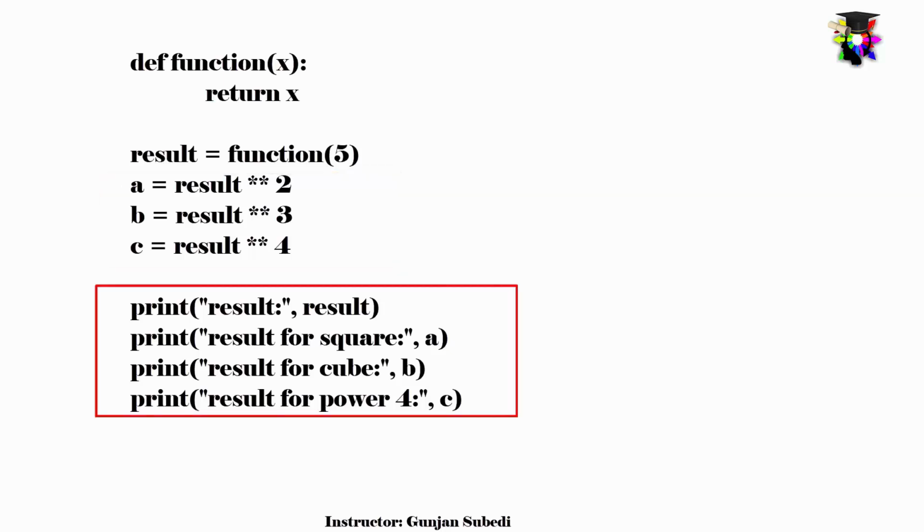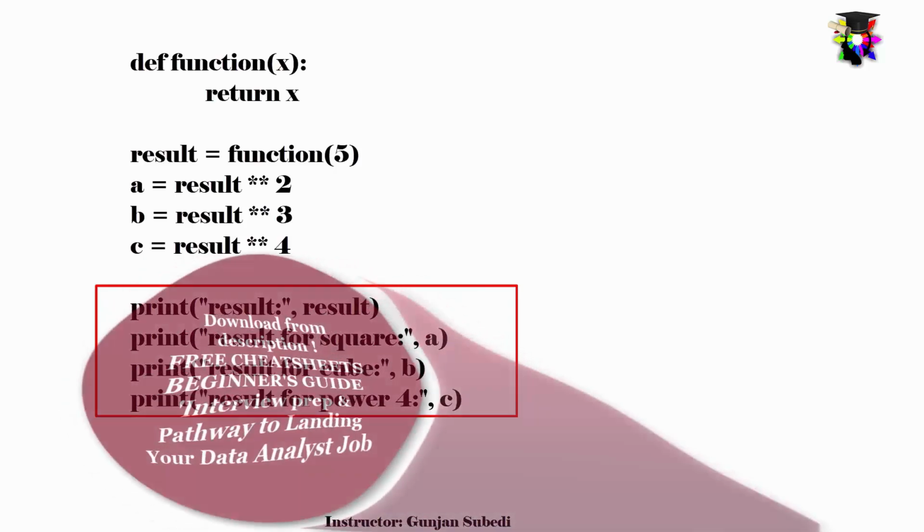And then this line prints the values of variables result, A, B, and C respectively. The values are displayed along with descriptive messages. For instance, result prints the value of result, which is 5. Similarly, the other print statements display the values of A, B, and C, which are 25, 125, and 625 respectively.